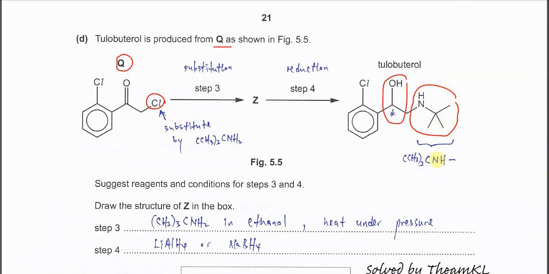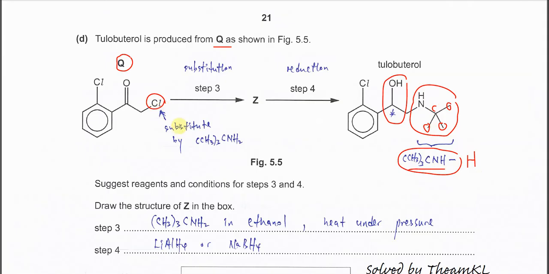If you try to draw the structure or give the formula, it will be (CH3)3C, with the NH group, and we just need to add another hydrogen here. This is the amine that we use to substitute the chlorine.